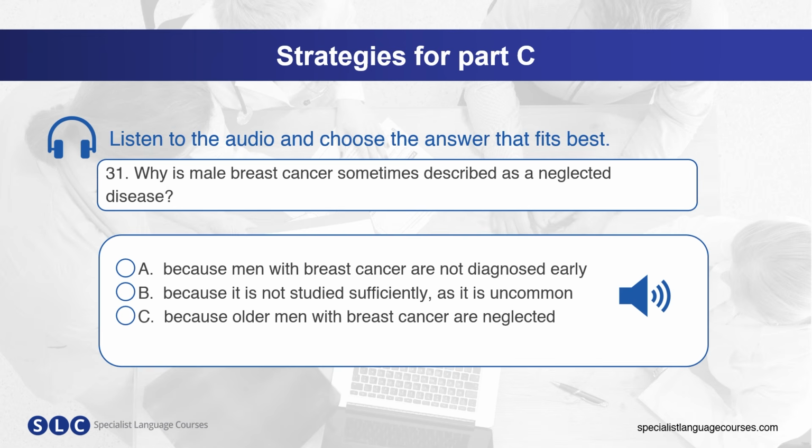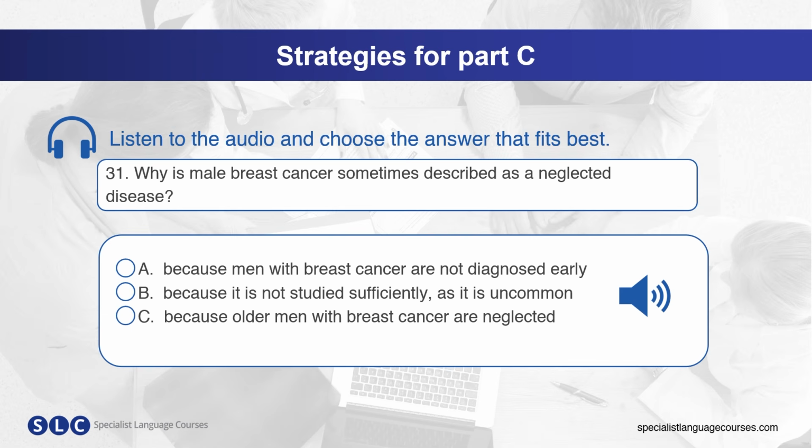Today we're talking to Paula Weston from Breast Cancer Network about male cancer. Paula, why is male breast cancer referred to as a neglected disease? Breast cancer in men is much less common than in women and remains an understudied illness. If we compare the statistics, it is easy to understand why there are fewer cases of male breast cancer to research.